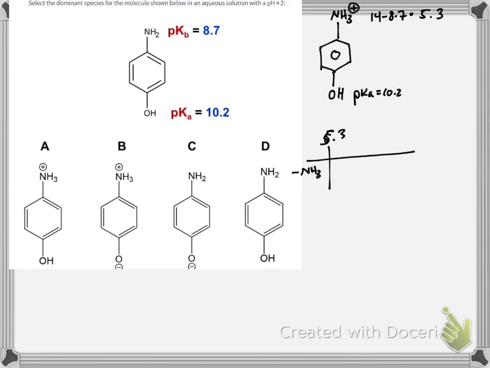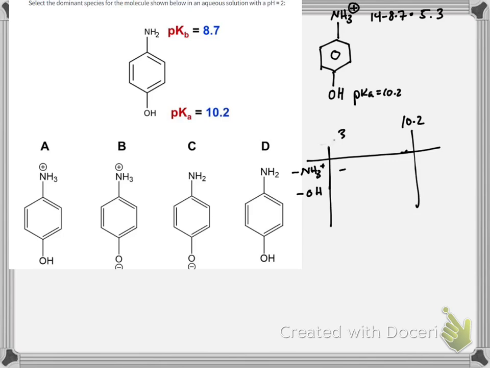Okay, so let's put our table together. We're creating the line here for pH for the two acid groups and the two pKa's. So one pKa is 5.3.